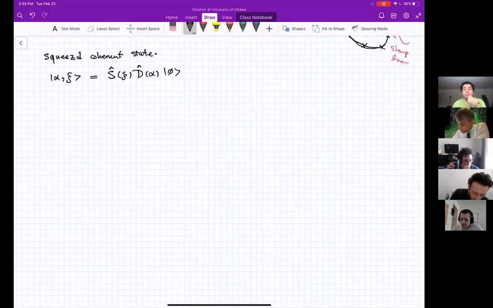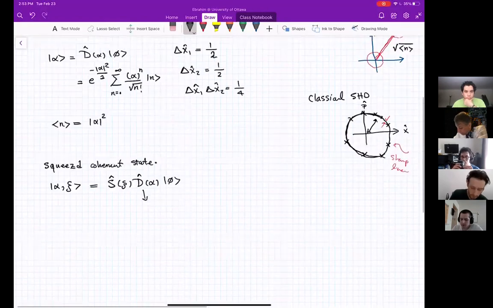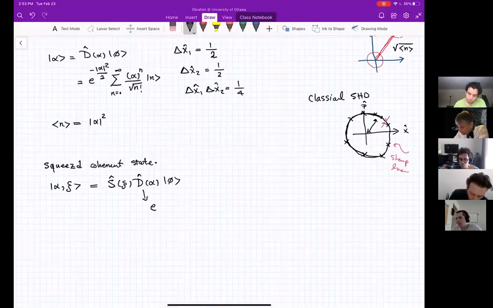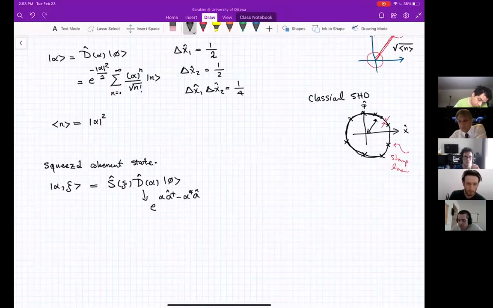Okay. Remember, alpha was a displacement operator, which was exponential of alpha A dagger minus alpha star A. All right.